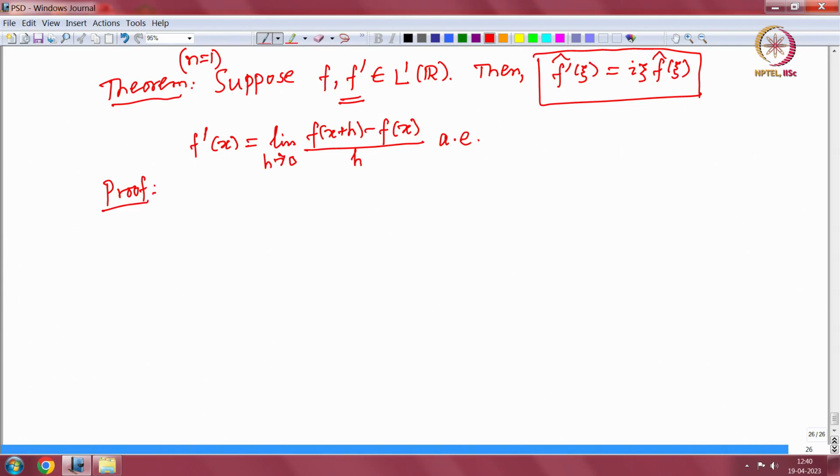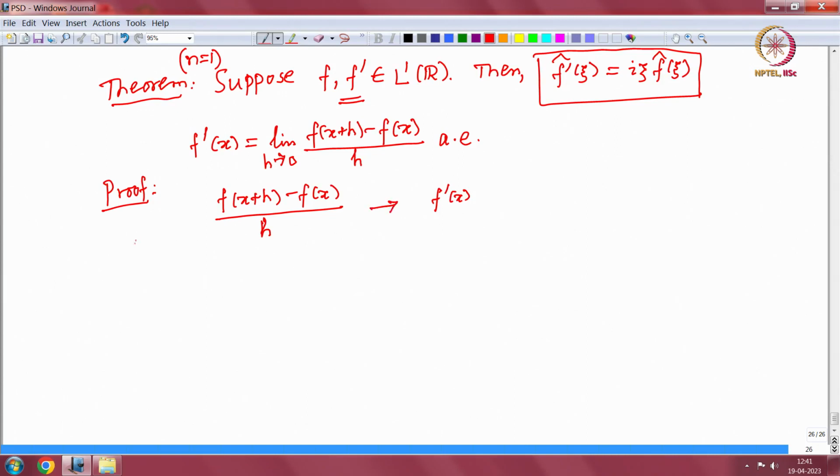So, let me again start with f of x plus h minus f of x, for h not equal to 0, and your f prime is here, and there is a limit.